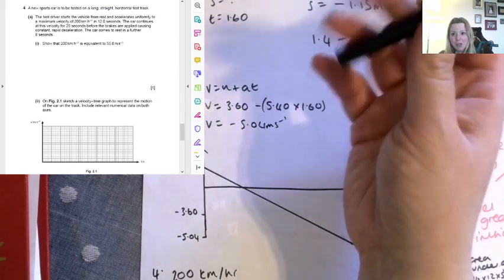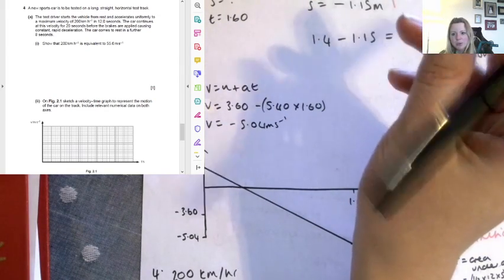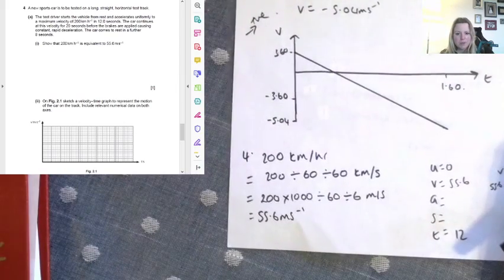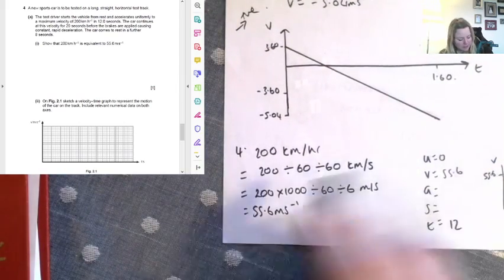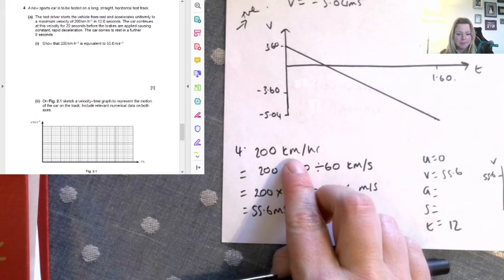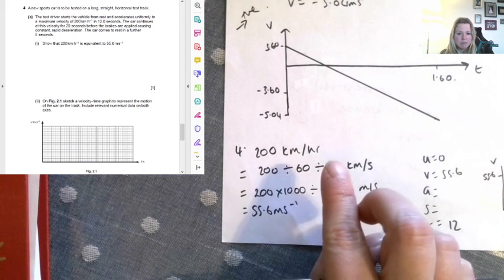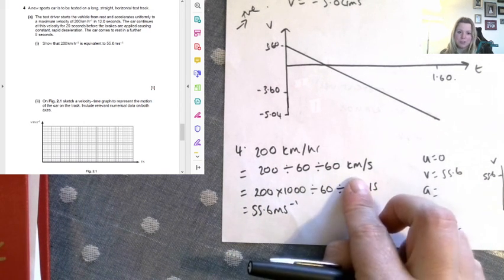So part 1, show that 200 kilometers per hour is equivalent to 55.6 meters per second. Now, I did my working out for this kind of opposite of the way I normally do. I don't know why. But this time I was like, right, well, 200 kilometers per hour, if I divide by 60, that's going to give me how many kilometers it goes in a minute. Divide by 60 again is going to give me how many kilometers it goes in a second.